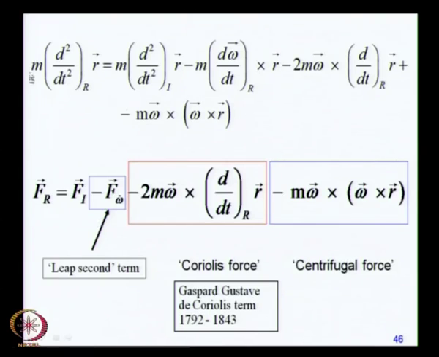So, the left hand term is what an observer in the rotating frame will call the force in his frame of reference, because it is the product of inertia and the acceleration that he measures. That acceleration is a real result for him.